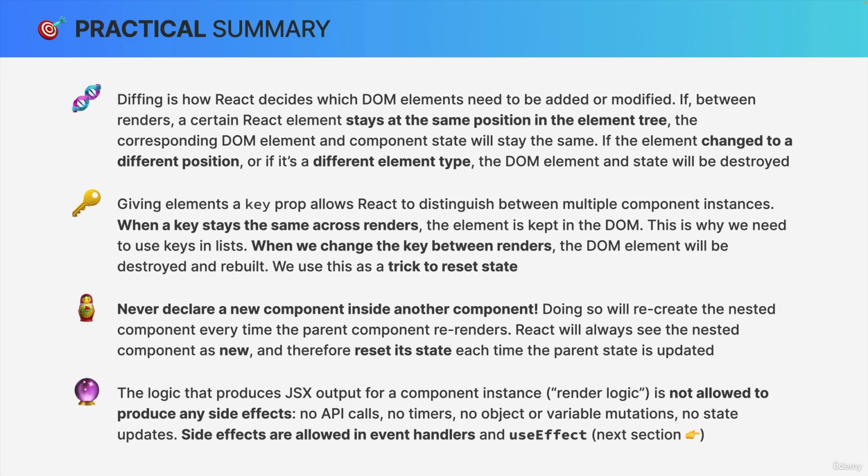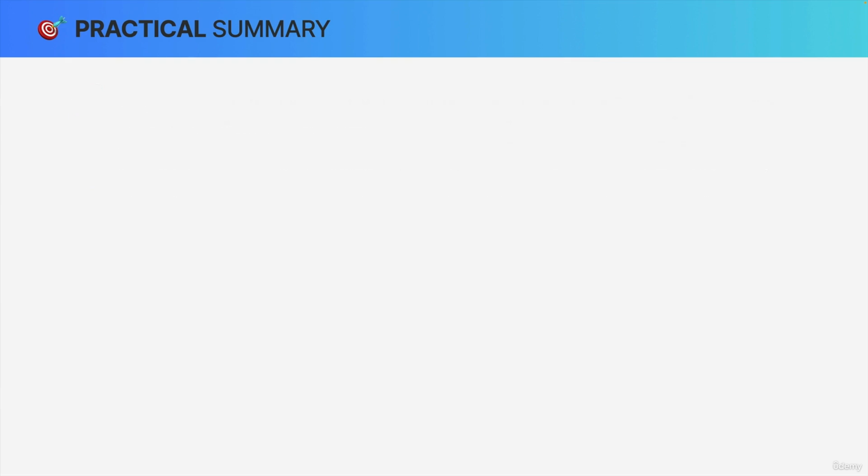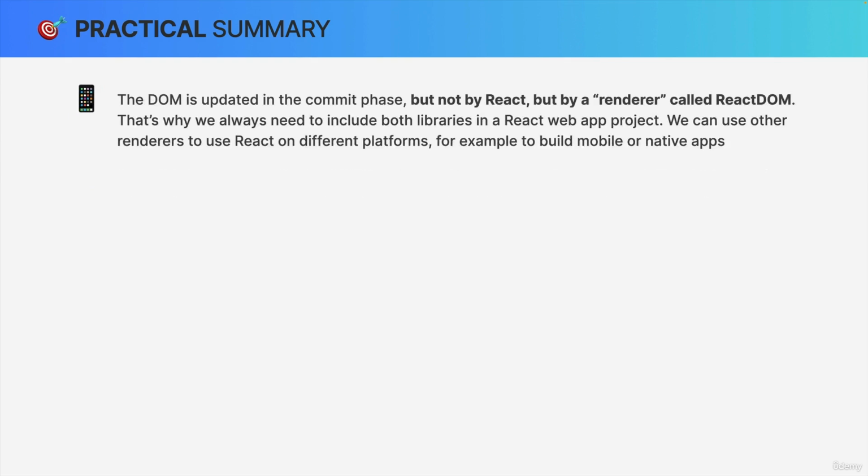Okay, now after all this rendering, it's time to finally update the DOM, which happens in the commit phase. However, it's actually not React that does this committing, but a so-called renderer called React DOM. That's why we always need to include both these libraries in a React web application project.